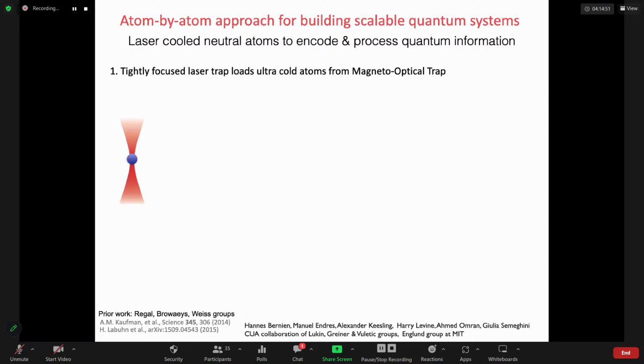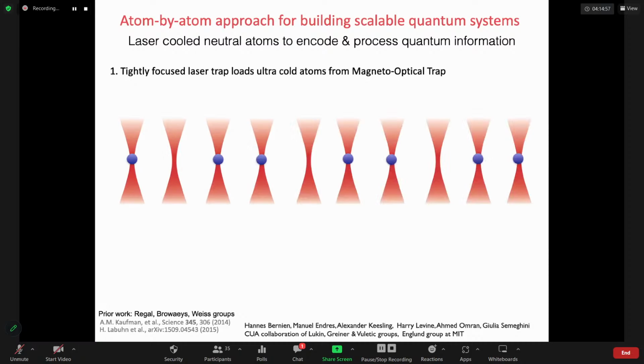To build our systems, we will start not with just one tweezer but, as you will see in a second, with thousands of tweezers, and then we'll try to load all of them with atoms. Of course, the system will have some entropy, so some tweezers will be loaded and some will not.